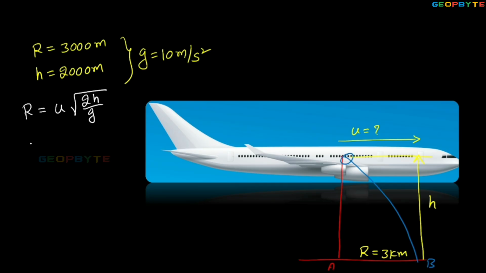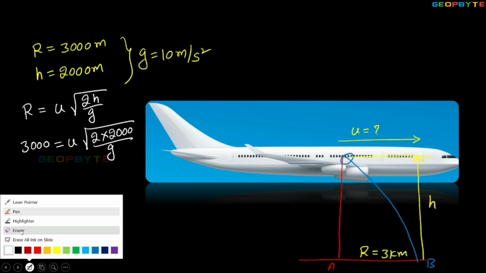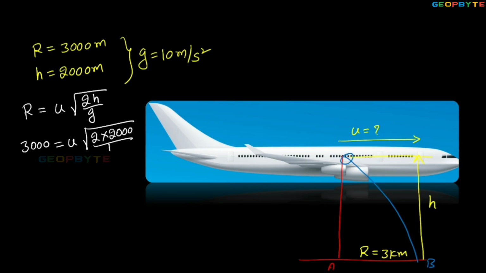Range is 3000 meters equals u into root over 2 into 2000 by g, with g equal to 10 meter per second square. 3000 equals u into root over 4000 by 10. 4000 by 10 is 400. So 3000 equals u into root 400.